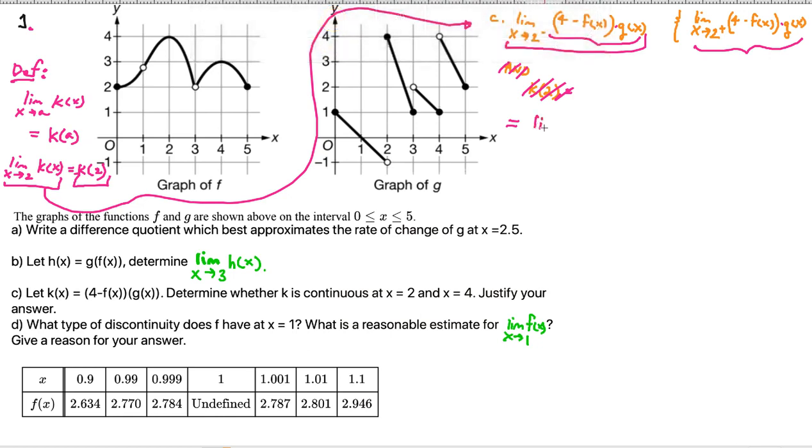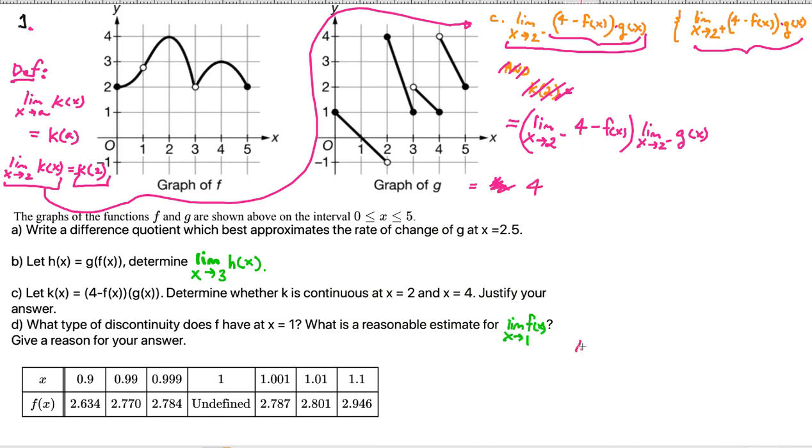So it's the limit as x goes to 2 from the left of 4 minus f of x, times the limit as x goes to 2 from the left of g of x. And then I split the limit again. The limit of a constant is always just the constant, so it's 4.